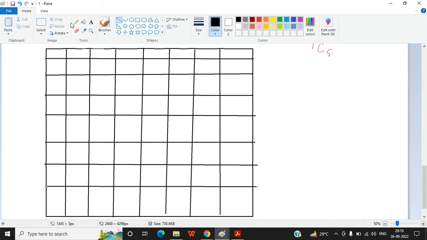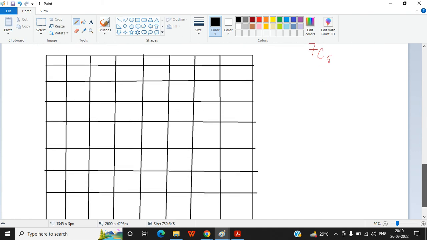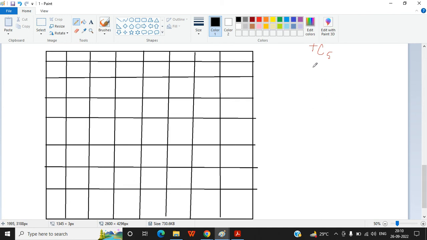Maybe like that. Just see, so this is the table. Using this table, you can easily compute 7C5 or any value up to 7C7.